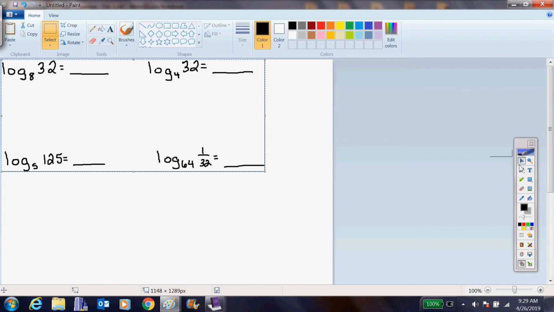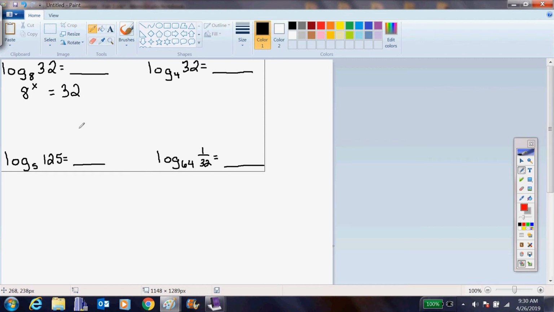So let's think about writing that in our logarithmic form. Let's go ahead and do that. So how would I write this if I want to write it with an x and I want to write it with an exponent? What would I do? How would I write this? 8 to the x power equals 32.